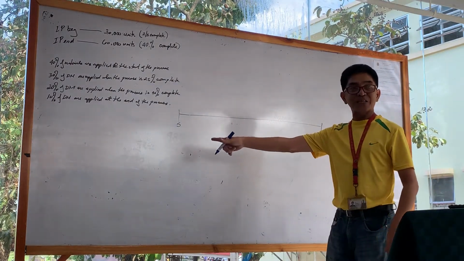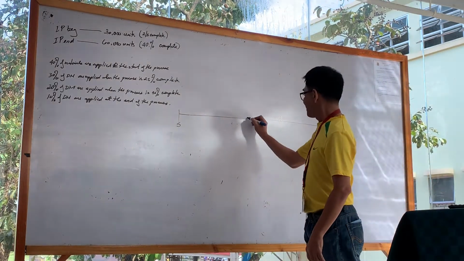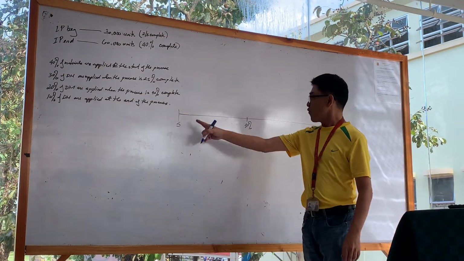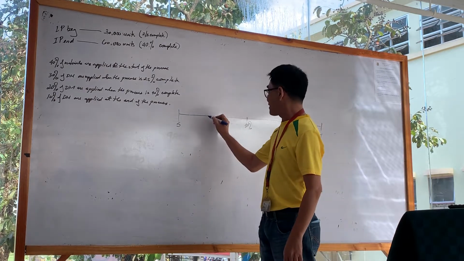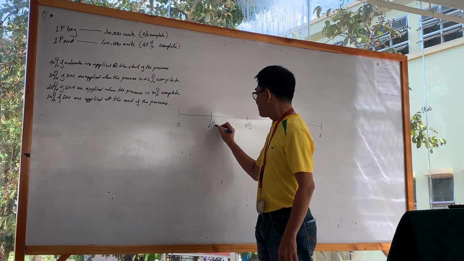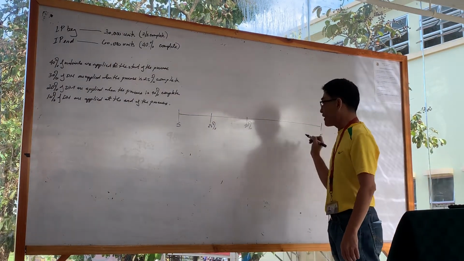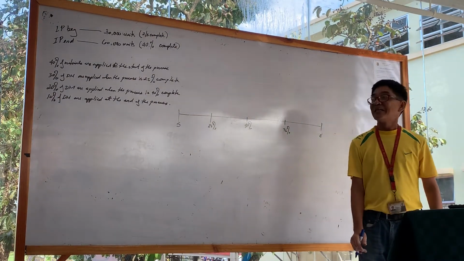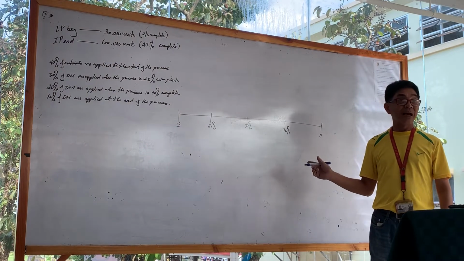Halfway from the start to the end is 50%. Halfway between 50% and the start is 25%. Halfway between 50% and the end, 75%.